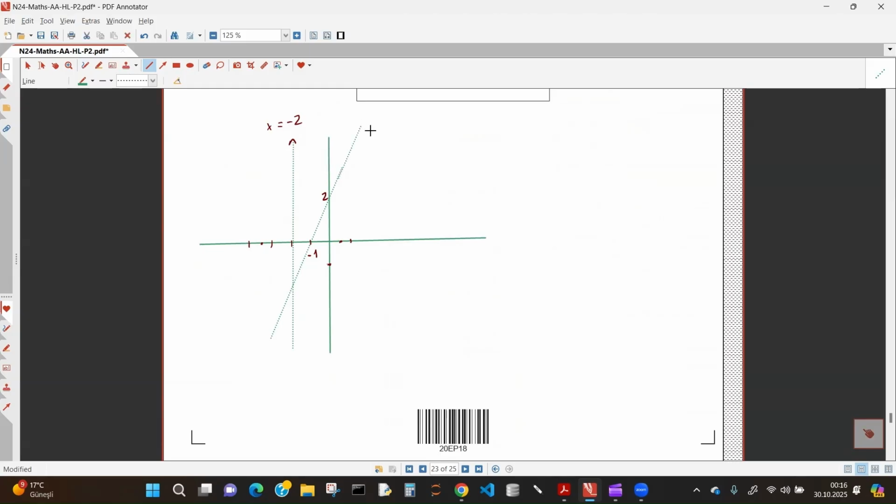The graph will not touch these lines because these are asymptotes. It will pass through like this and approach −2. And from the other side, it's going to be something like this.